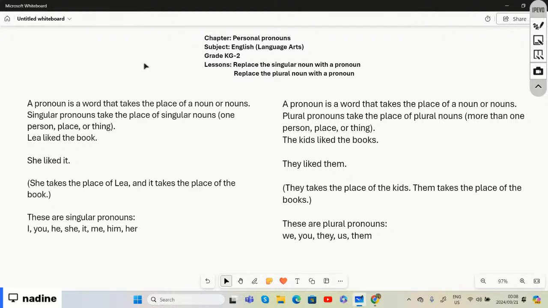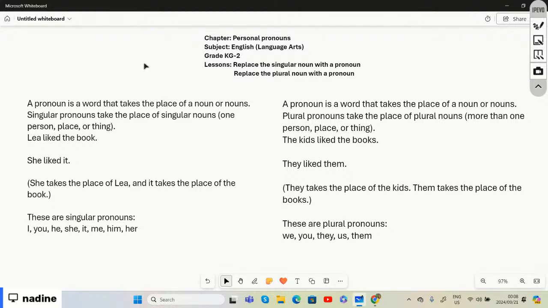So when it comes to a pronoun, it takes the place of a noun, or it can take the place of nouns.